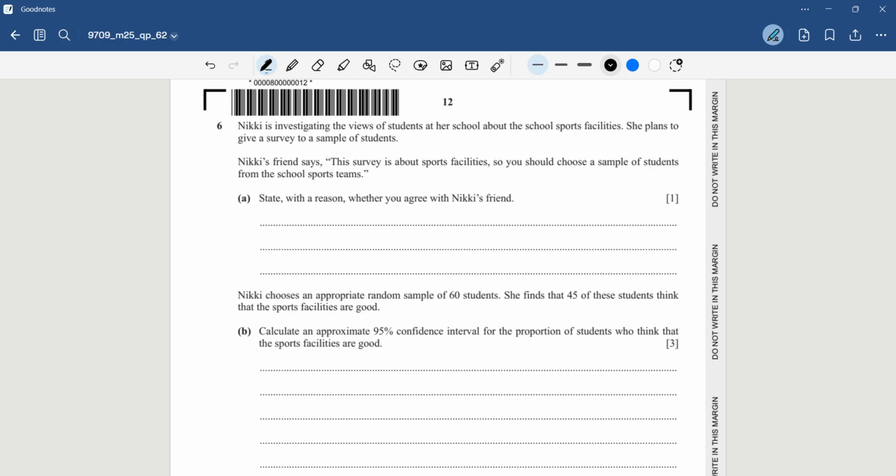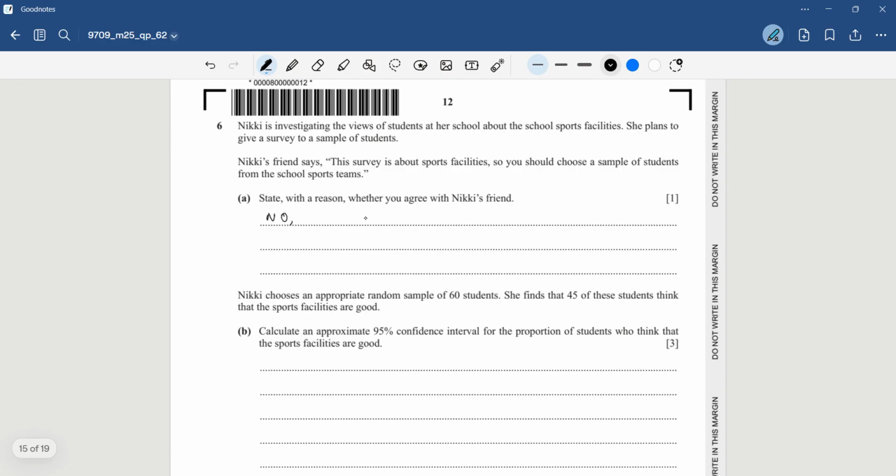So here I will say, we cannot agree with Nikki's friend's idea. Why? It's because if they give it to the sports schools, they might have very good facilities, and their opinion is not the same as non-sports school students, or normal students.